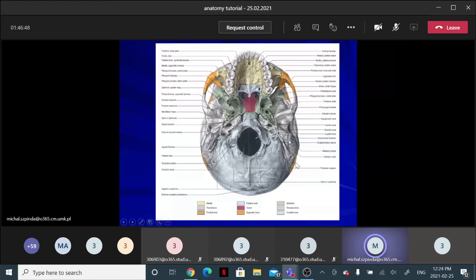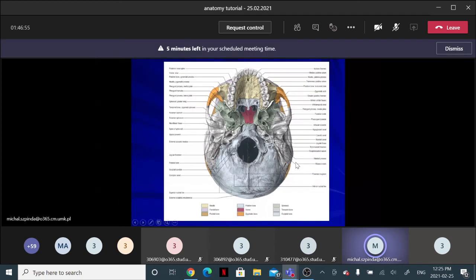of the temporal bone. And the most difficult part of the temporal bone is its petrous part.